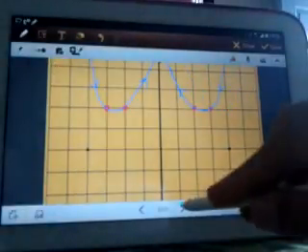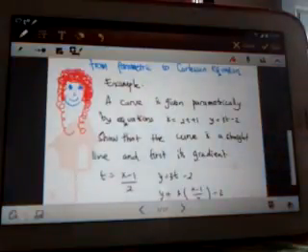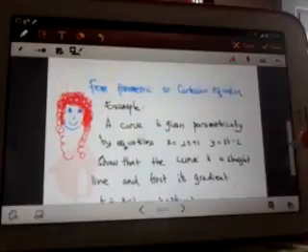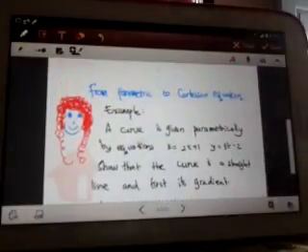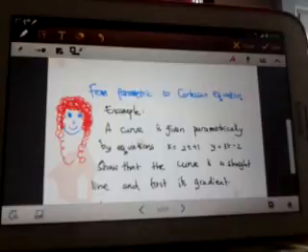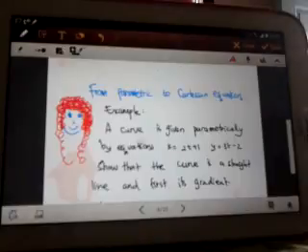Sometimes with parametric equations you're asked to change to the Cartesian equation. This is actually easy. For example, a curve is given parametrically by the equations x is equal to 2t plus 1, y is equal to 3t minus 2.